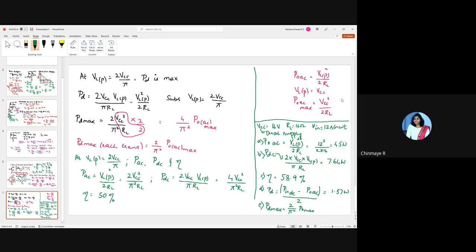So we have done it here. P naught AC max is VCC squared by 2RL. So that will be 16 square by 2RL. Can you calculate?